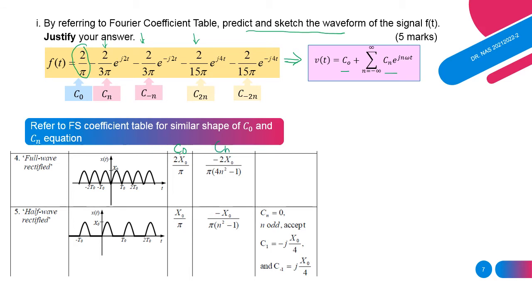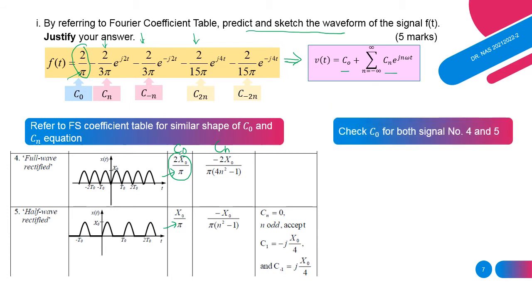If you look at the C0 of the full wave rectified signal, you have the denominator as π, same goes for this and this. So from here you can calculate the X0. You need to check the C0 and X0 for both signal number 4 and signal number 5.